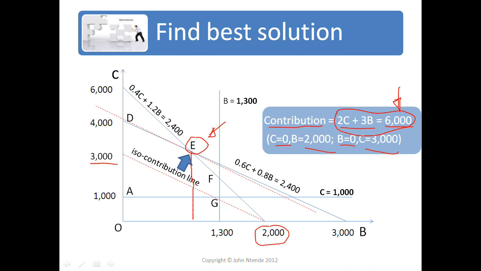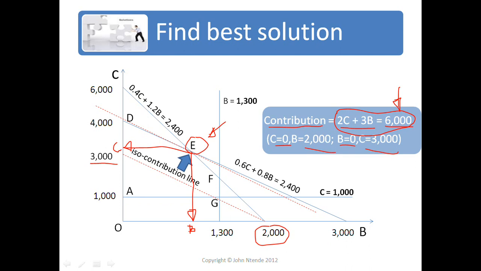By drawing a vertical line, you read off the value of B. And by drawing your horizontal line somewhere here, you can read off the value of C. Those two values of C and B become your optimal solution.